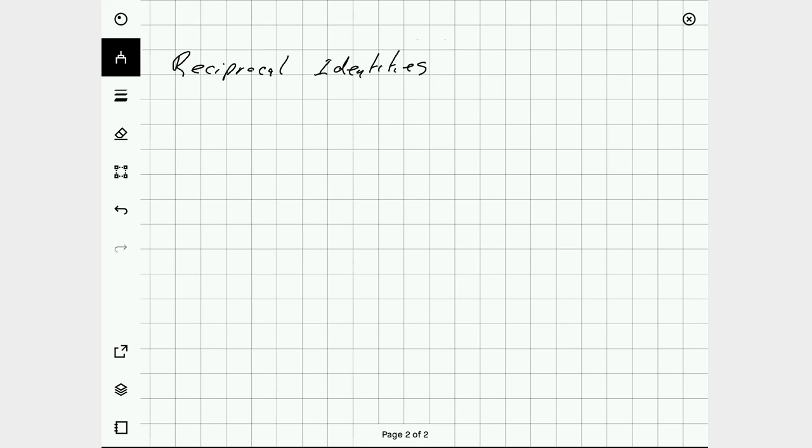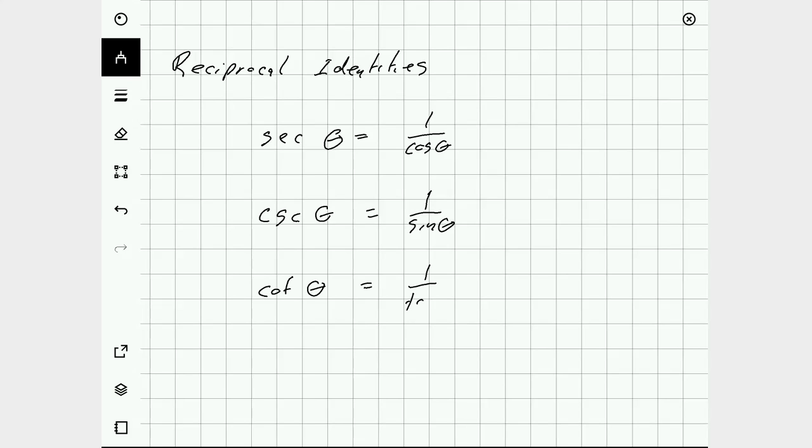The reciprocal identities tell us that the secant of theta is 1 over the cosine of theta, that the cosecant of theta is 1 over the sine of theta, and the cotangent of theta is 1 over the tangent of theta. Those are important in performing the operations of secant, cosecant, and cotangent on a calculator, because most calculators don't have those functions built in.